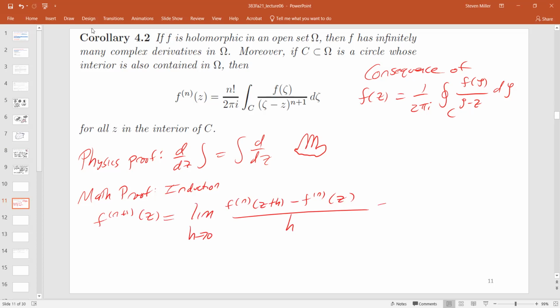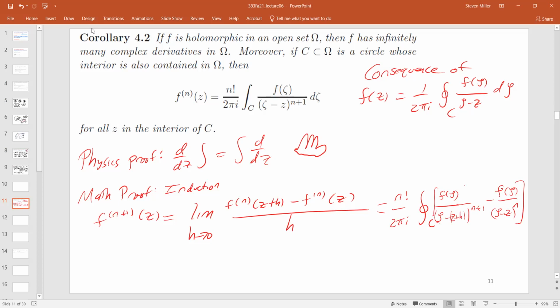It's going to be n factorial over 2 pi i, the integral over c, of f of zeta over (zeta minus z plus h) to the n plus 1, minus f of zeta over (zeta minus z) to the n.